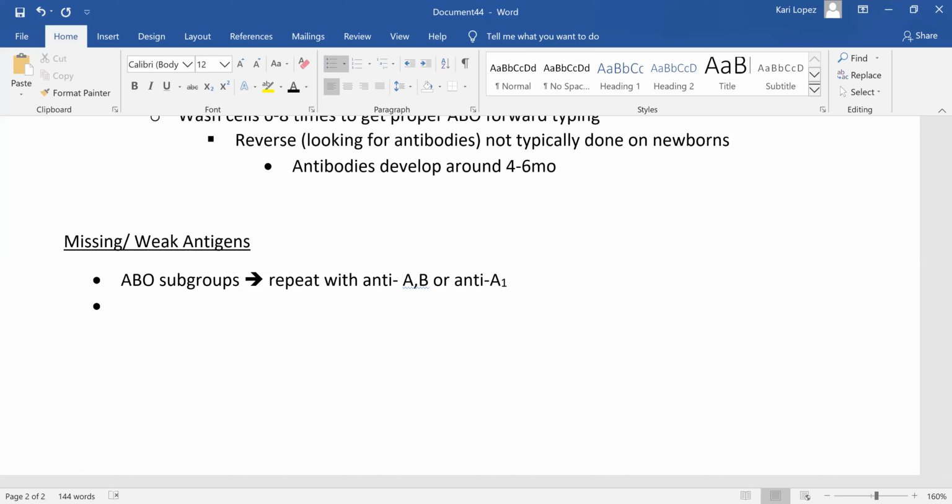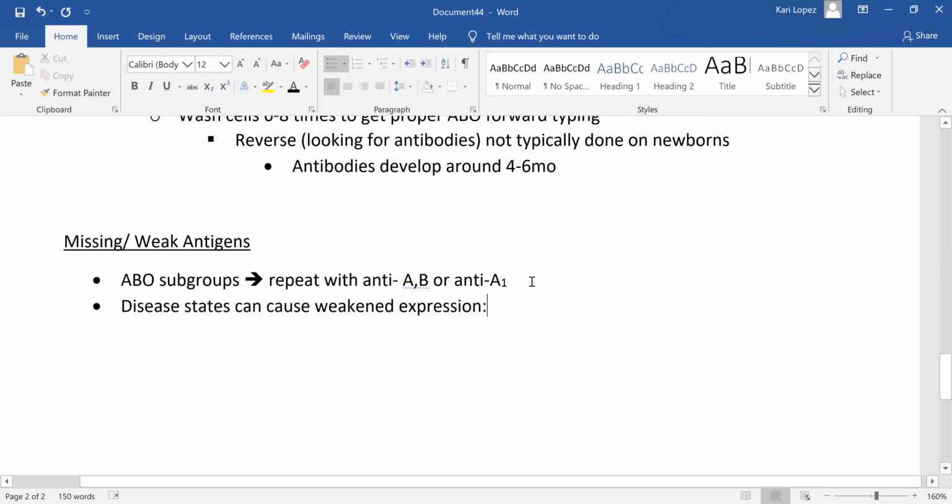It's anti-A1 or anti-A1 what? Your anti-A1 lectin. So they call it either anti-A1 or anti-A1 lectin.